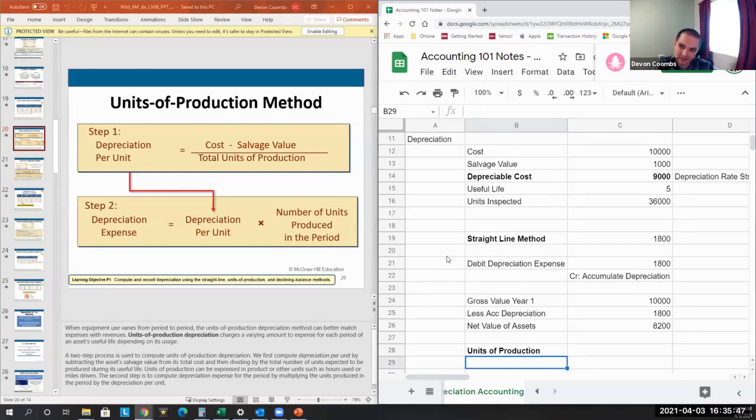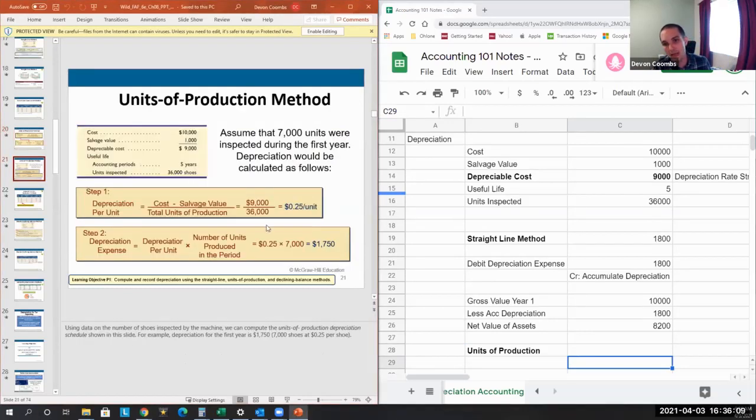Are we expecting the life of the asset to be relatively even? Then we use straight line methodology. But if we think that the life of the asset and the value it adds is dependent on its units of production, we'd use the units of production method. Or we then take the units inspected and determine a cost per unit.